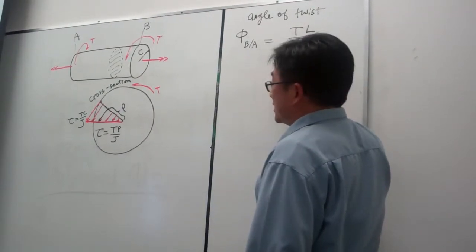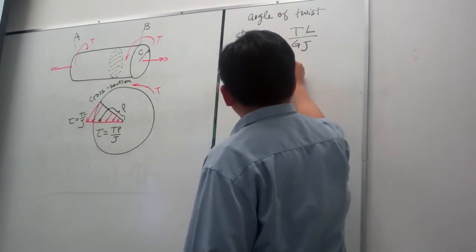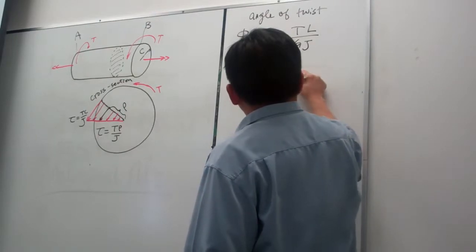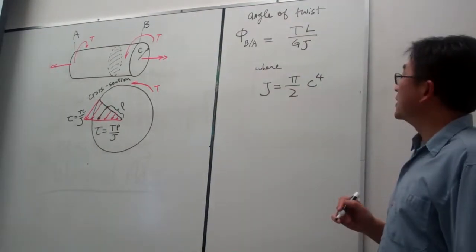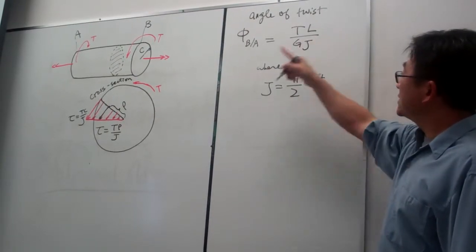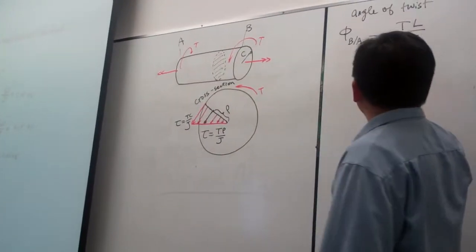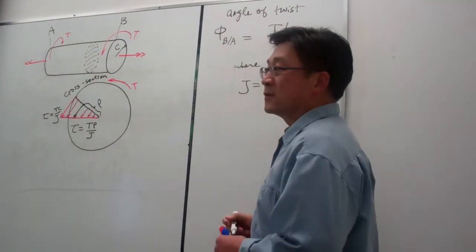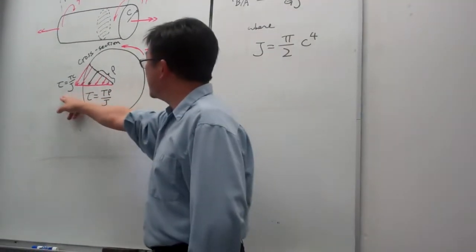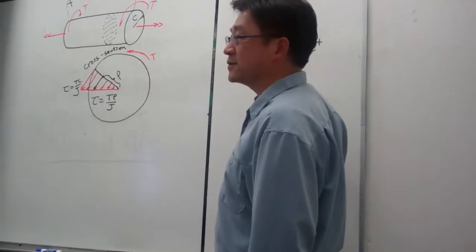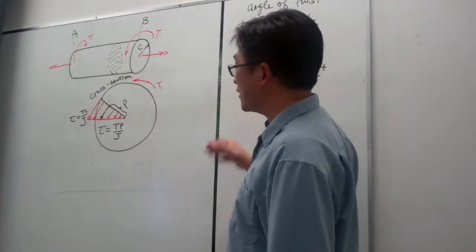G is the rigidity modulus of the shaft, J is the polar moment of inertia, L is the length of the shaft, and T is the given torque. Those are the only two equations we are going to deal with in these chapters, and then we can see examples to practice them.